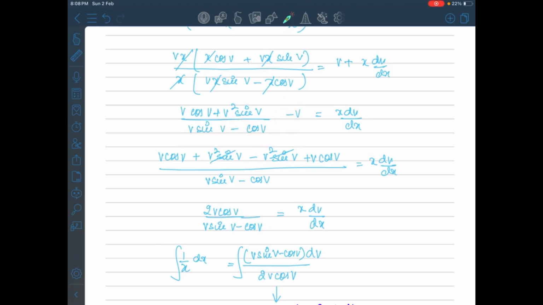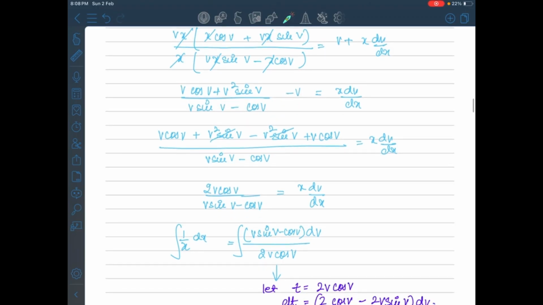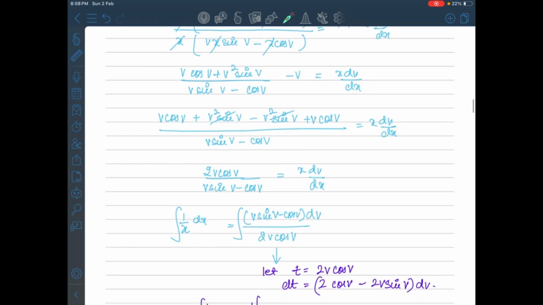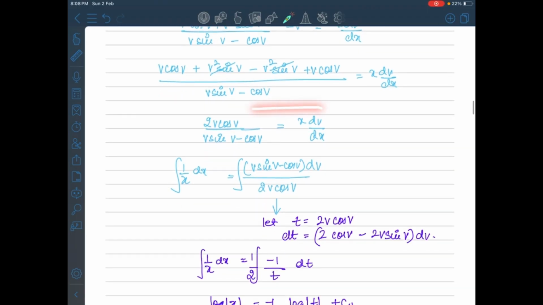So make sure you do the calculation perfectly, or else you will not get variable separable. Now after doing this, you can see this is the form I got. Here everything is in terms of v, so I am just cross multiplying to make sure that I take this to dv, because dv and dx should be in the numerator.